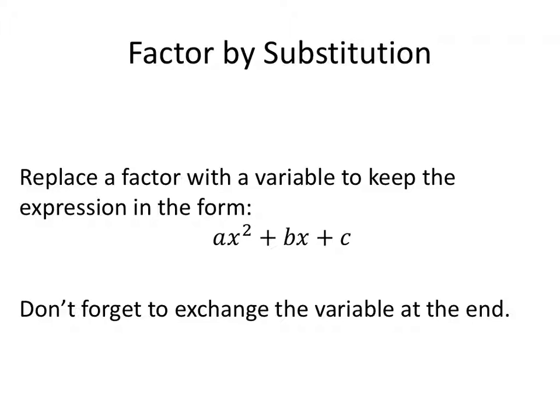And that's a common mistake there at the bottom. I see it all the time on tests, where we forget to replace whatever we substituted back into the final factored expression. That's a big deal, because it usually requires some more work.